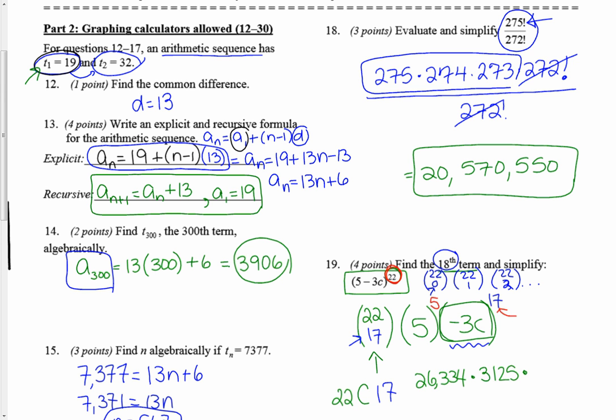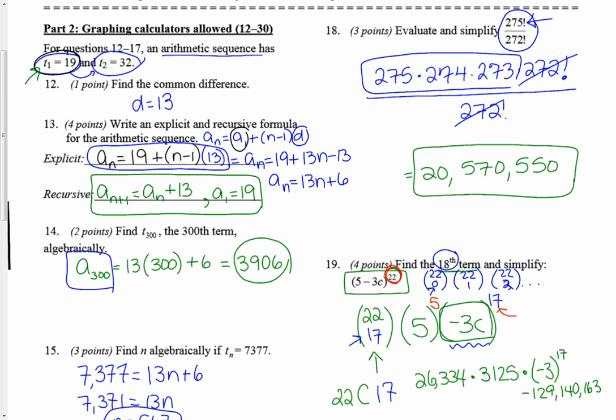So I need to do negative 3 to the 17th on my calculator, which gives me a big number there. That's negative 129,140,163. Make sure you realize that's negative.